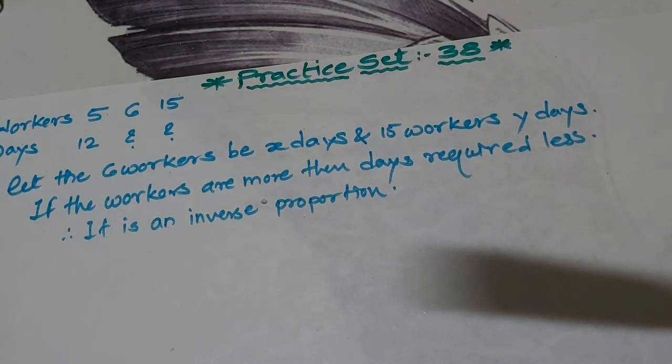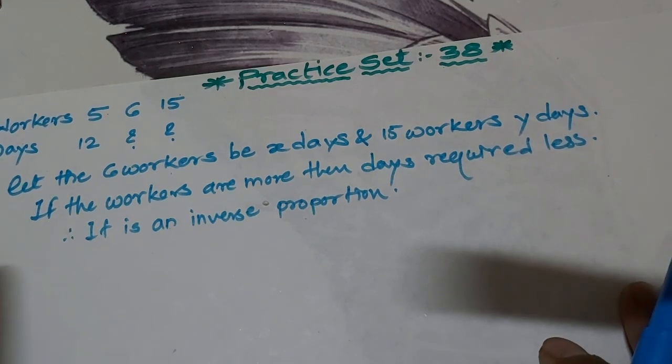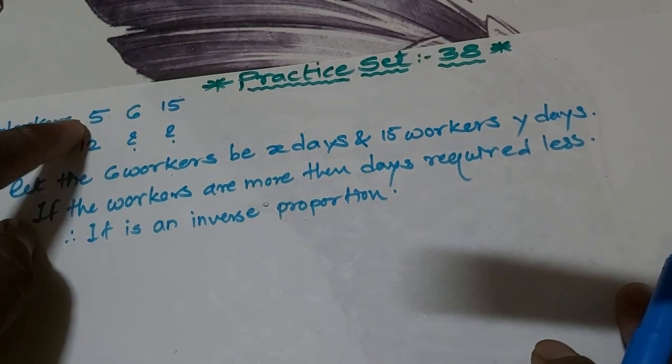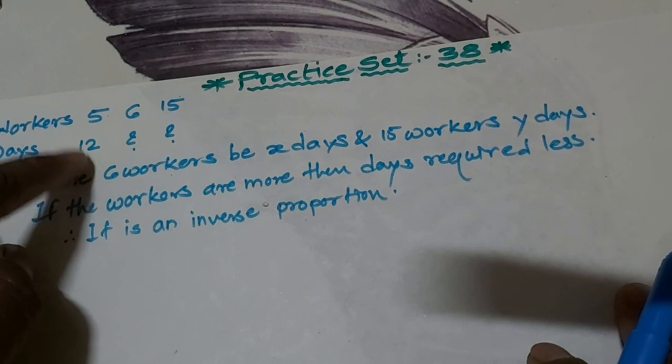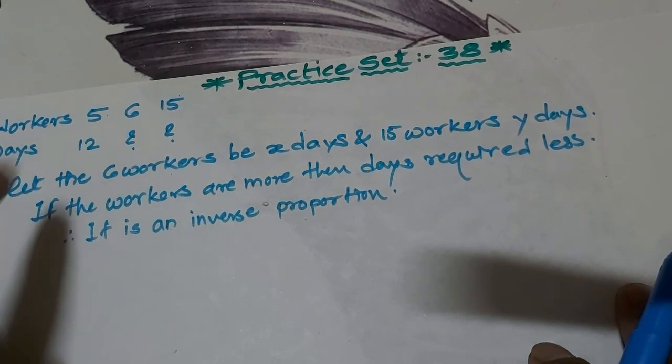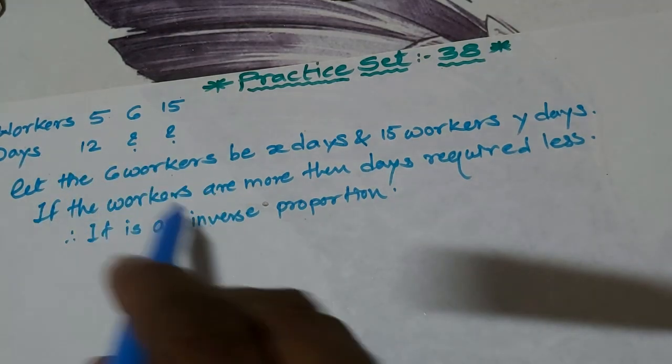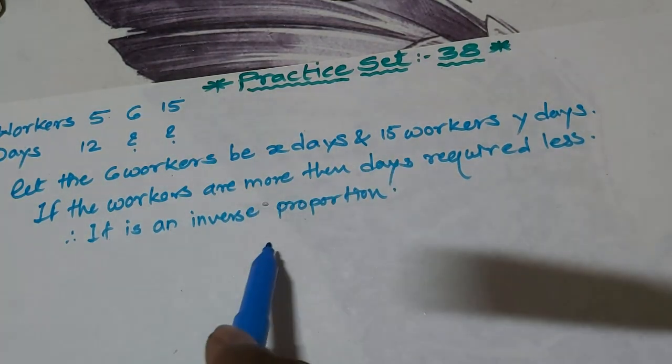Now, first, what is the given data? 5 and 12, we already have. According to this, we'll find first 6 workers and then 15 workers.